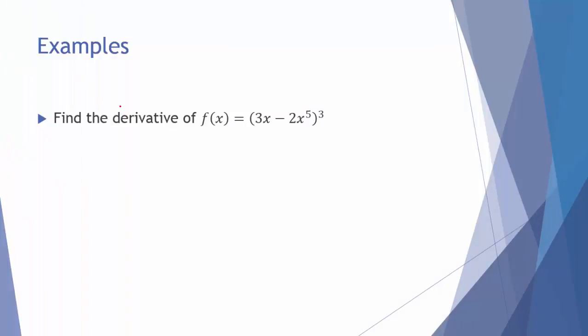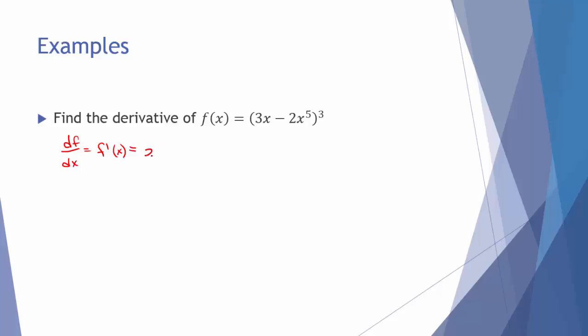We're going to find the derivative of f of x equals 3x minus 2x to the fifth, all raised to the third power. So your inside function is this 3x minus 2x to the fifth. The outside function is the cubing function. So when we go to take the derivative, df dx, or f prime at x, either one's great, we need to take the derivative of the outside function.